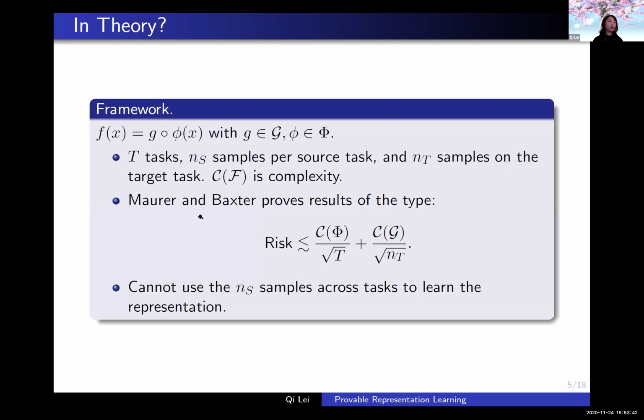Prior work shows the excess risk is upper bounded by the complexity of the representation function class divided by square root of T, plus the complexity of the final linear layer divided by n_t. But in this way, you cannot even use the n_s samples across tasks to learn the representation. You will need a lot of source tasks.